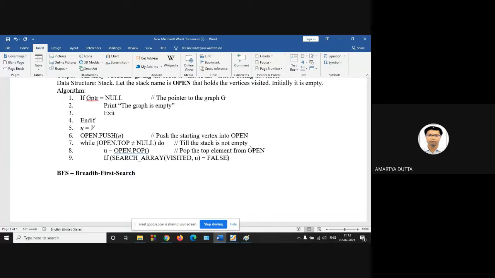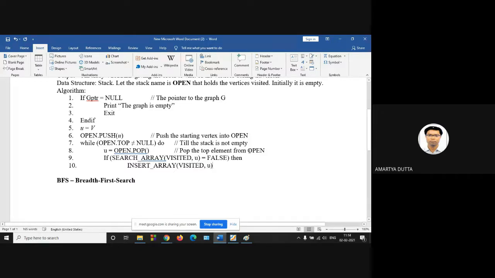If it is false, then insert into the array. The array name is visited and u. Sorry, small u. Okay.